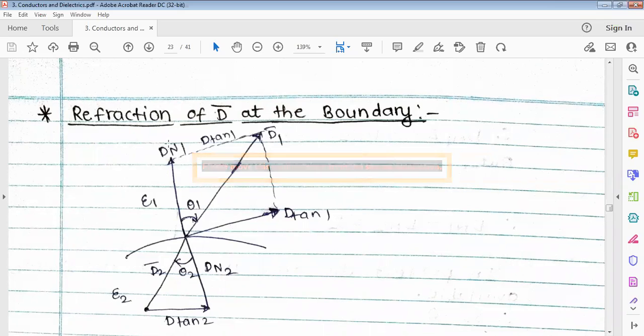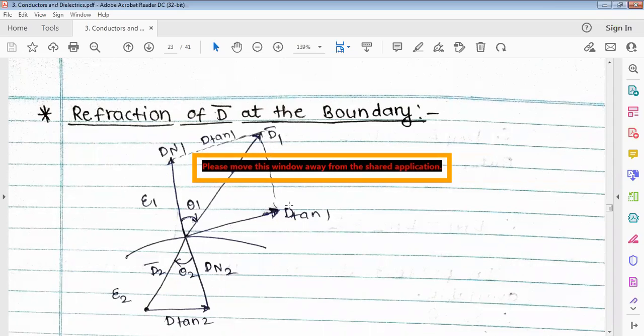Now this is your tangential component, so this is also D tan 1, and this is normal or perpendicular. So parallel to this is also the Dn1. Similarly, this is making an angle theta 1.